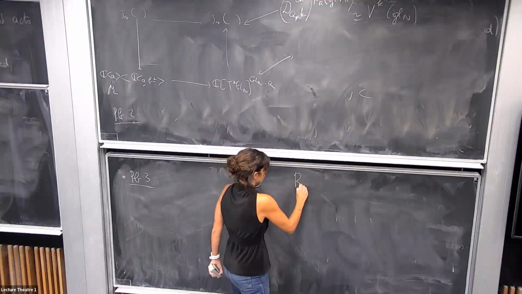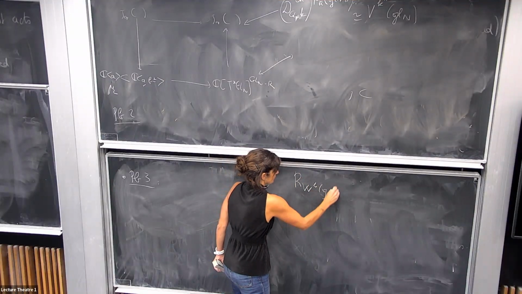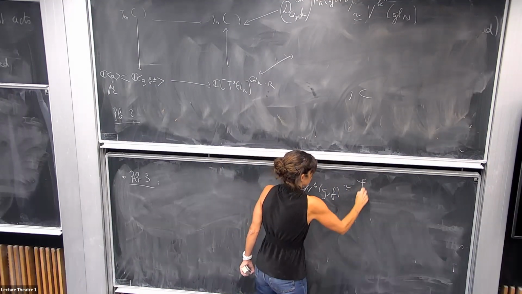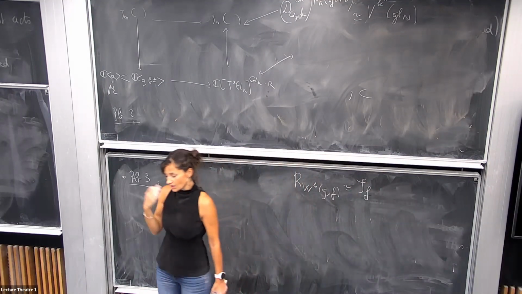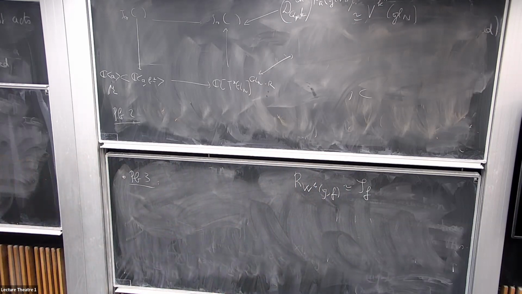I remind you that the Zhu algebra of W-algebras, let's say the universal one, is given by Slodowy slices, which are Poisson varieties coming from g^*.